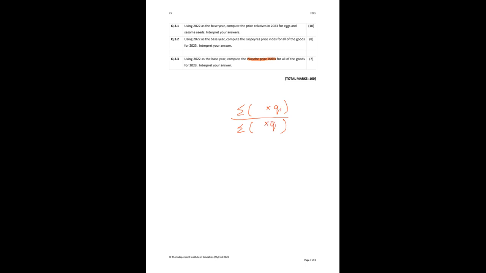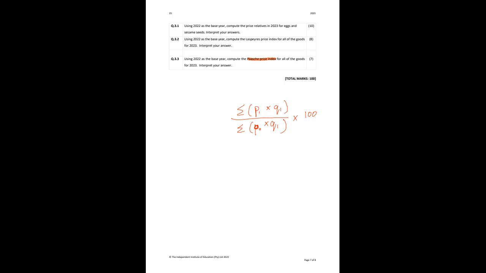So it'll be the sum of P1 times Q1 in your numerator, and in your denominator it's P0 times Q1. Exactly the same thing, everything in one numerator, so all of the P1 times Q1.